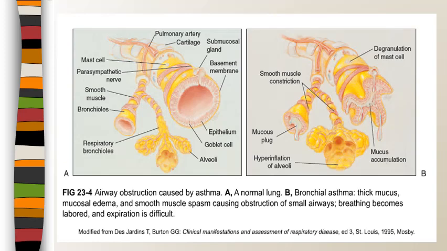But then when you look at the right side, which is labeled B, what you can see with the asthma attack is that you have thick mucus, the mucosa is swollen, and the smooth muscle is also spasmed. So what that causes is constriction or obstruction of the small airways, and it is very difficult for children to breathe. It's very labored breathing because their airway is really much smaller than you see in the picture on the left-hand side.